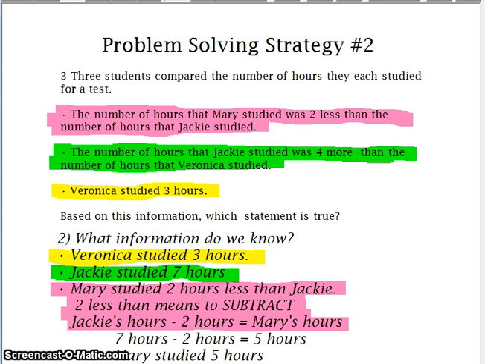Also, the information that we know is Mary studied 2 hours less than Jackie. Since we know that Jackie studied 7 hours, we're going to subtract 2 hours from 7. 7 minus 2 is equal to 5 hours. So Mary studied 5 hours.